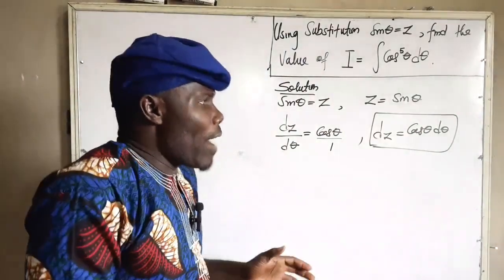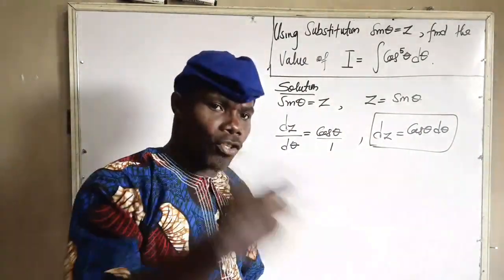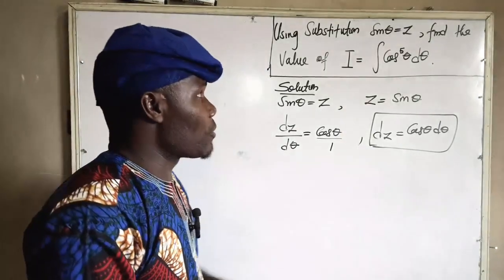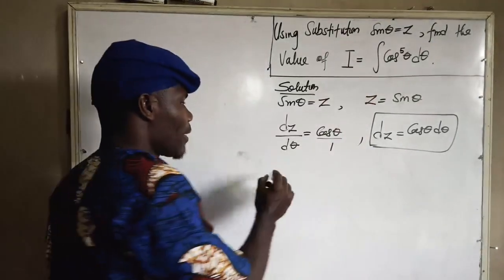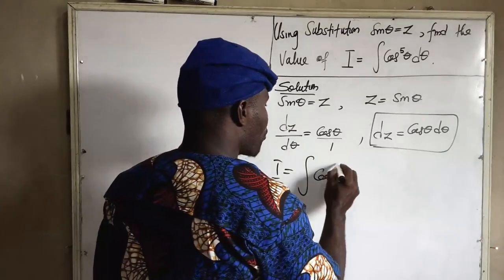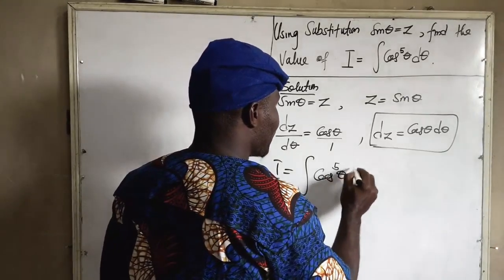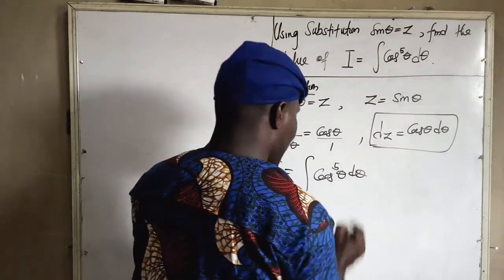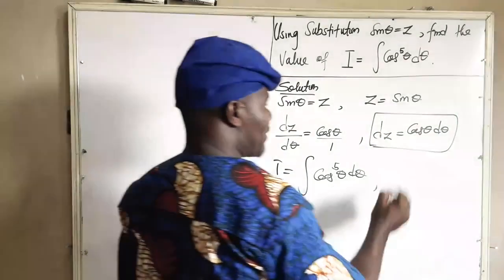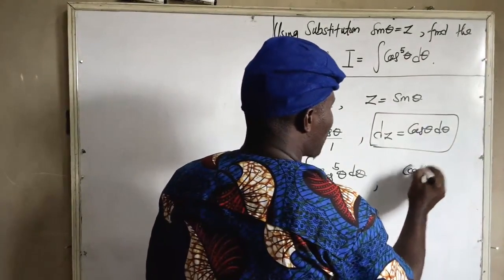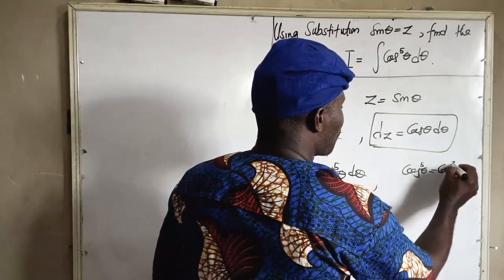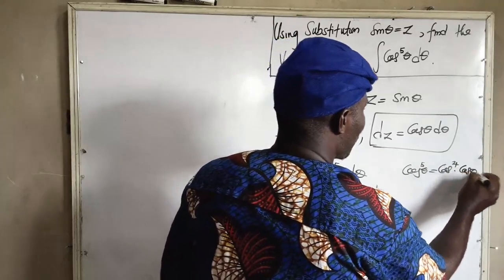So now this is where we go back to the integral. We are now to integrate, where our I is equal to the integral of cos raised to power 5 theta d theta. Now, to recall, I want you to understand one fact, that cos raised to power 5 theta can be written as cos raised to power 4 theta times cos theta.